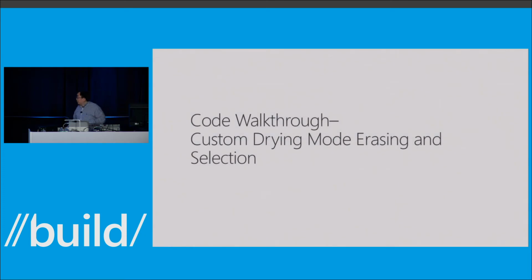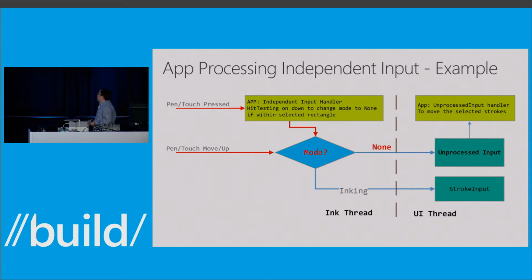The next topic is about how to go deeper, run some lightweight code on the background thread to do lightweight hit testing, and dynamically change the input processing mode to none so that if the pen is outside the selected rectangle, it's inking. If it's within that rectangle, you transform the selected ink strokes. It's very simple.